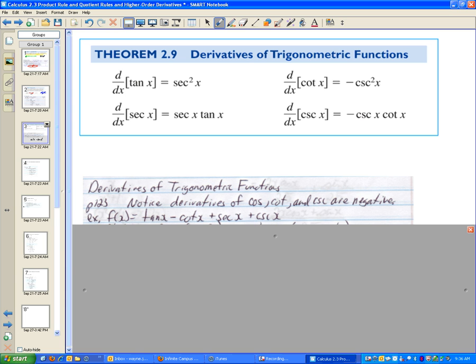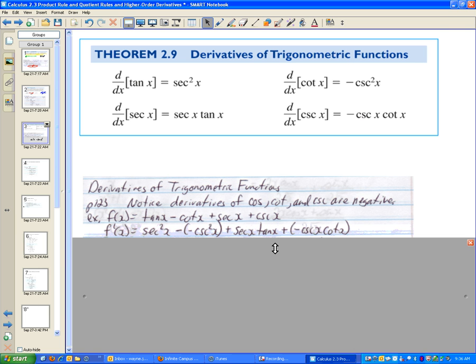All right, let's do this example. F of x equals the tangent of x minus the cotangent of x plus the secant of x plus the cosecant of x. Isn't that amazing? I was able to work all four of those into one problem. All right, so f prime of x equals, take the derivatives one term at a time. What's the derivative of the tangent of x? Secant squared of x, minus, why minus?